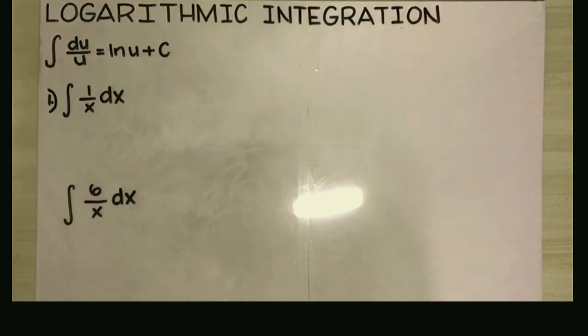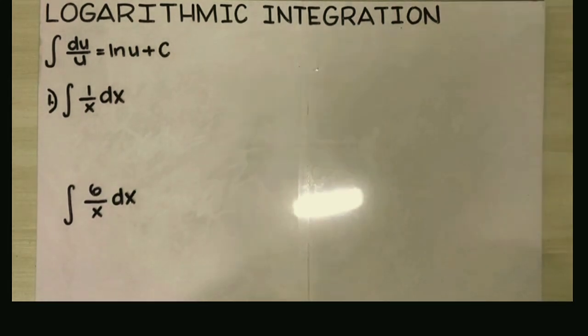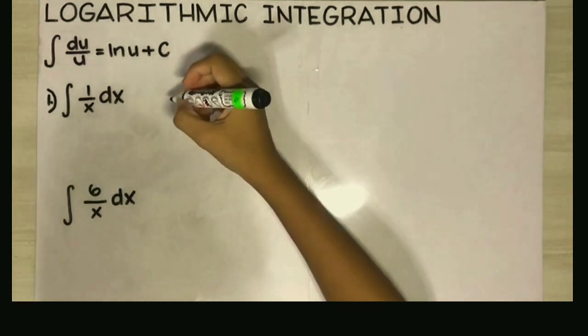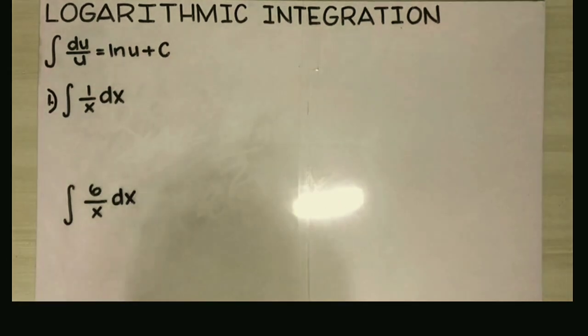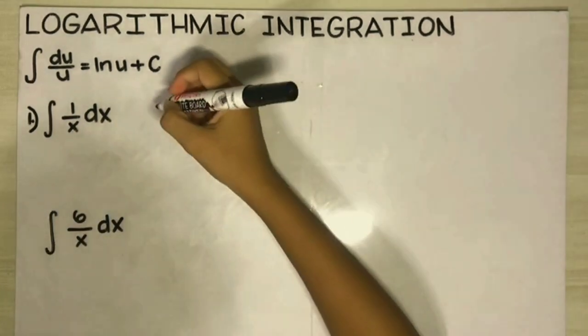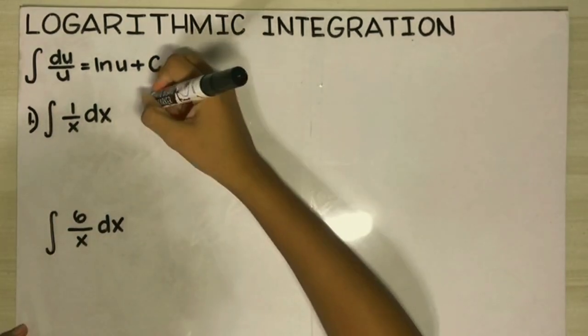So for our first example in logarithmic integration, we have the integral of 1 all over x dx. As we can observe, the derivative of x, the denominator, is 1, which is our numerator. So we can already know that this is a logarithmic integration. For our first step, let's use the u substitution. Let u equal x and du equal dx.